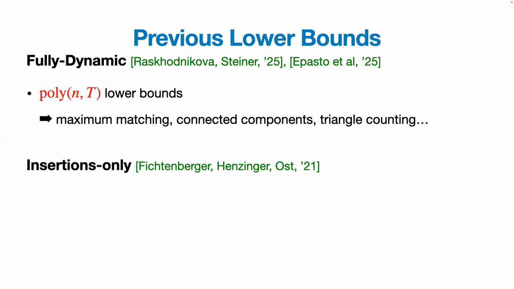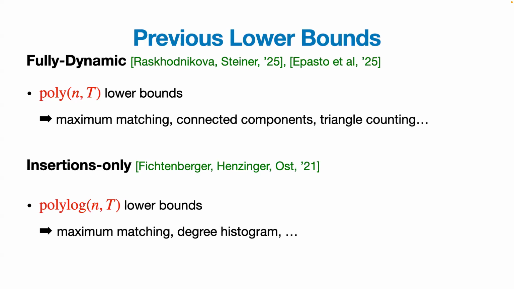But in the insertions-only setting, there was only this paper in 2021 that showed some lower bounds that are polylogarithmic in n and t. And that was again for a variety of problems, like maximum matching and degree histogram.